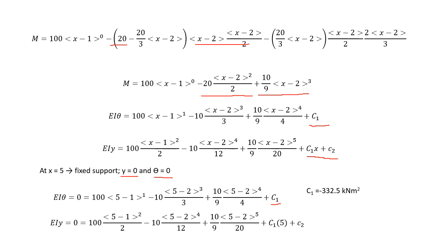And then, substitute x is equal to 5 to the second equation, EIY, and substitute the C1 that you got from the first equation. You will now get C2, 916.5 kilonewton meter. So, to get the equation for the slope and the deflection, you just substitute C1 and C2 into the equation.